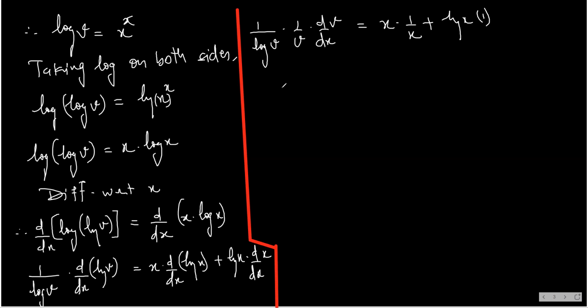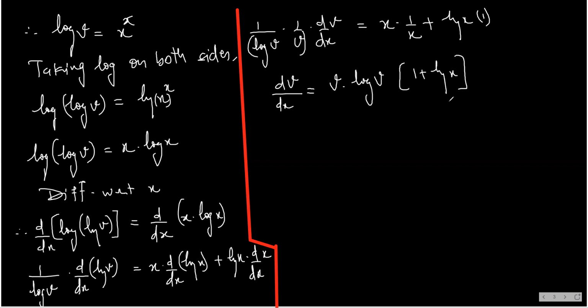So next step, you get dv by dx equals, see, this v log v will multiply in the numerator. So you have v log v, and in the bracket you have 1 plus log x.